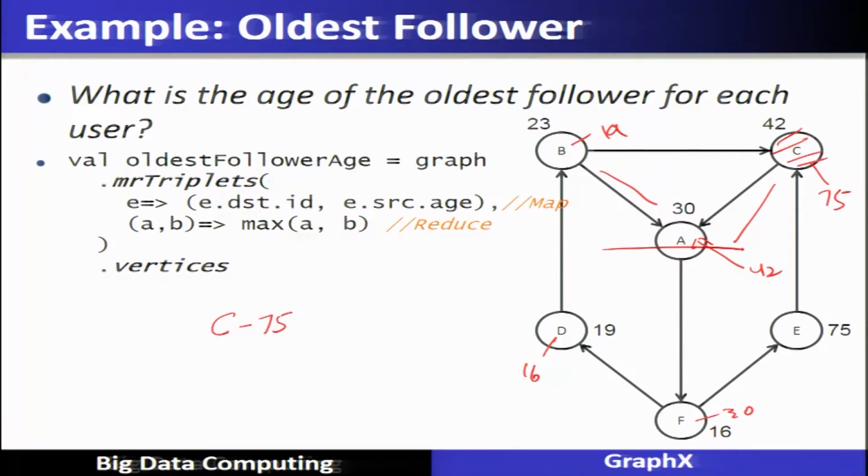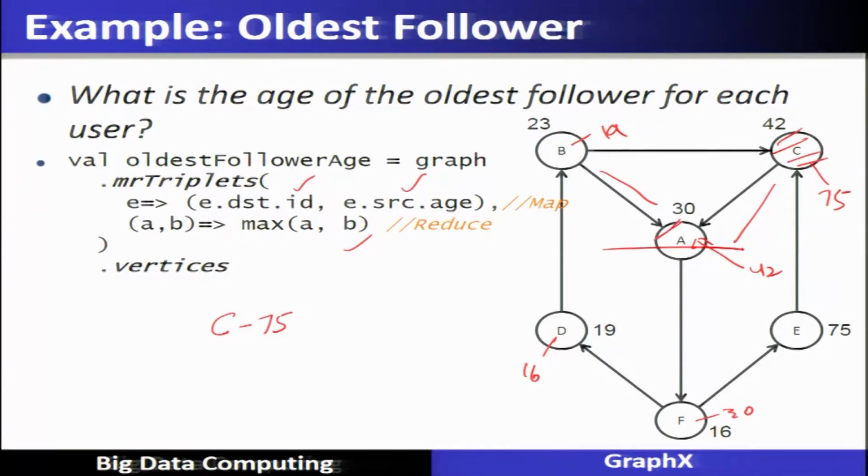So, you can do this using the graph triplet with MR triplet, where the edges with the destination ID and the source ID age will be taken up as the maximum of all the triplets which are merging at any node.